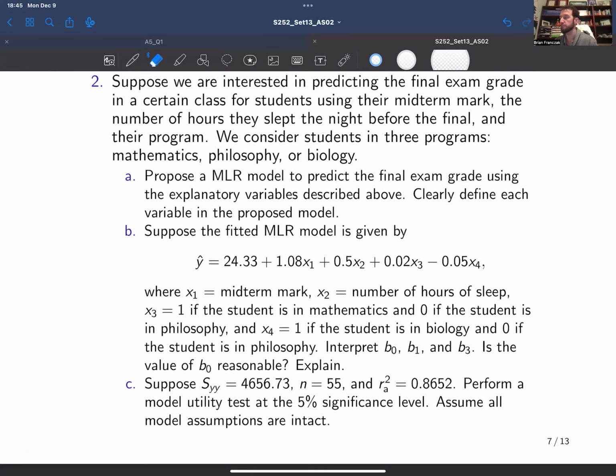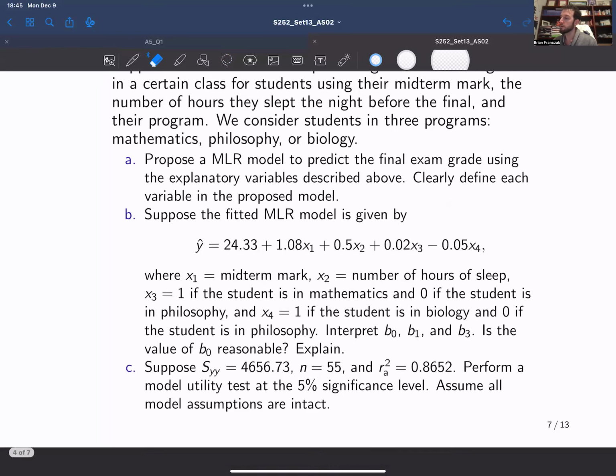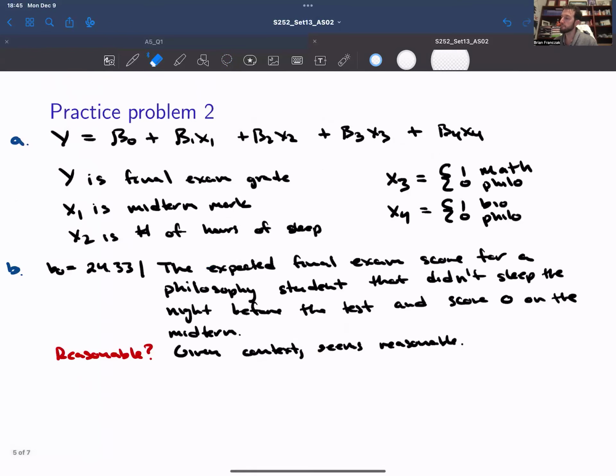So we're using philosophy as the reference level for the fitted model, which means that in the case of the y-intercept, when x1 is 0, they scored 0 on the midterm. When x2 is 0, they did not sleep the night before the test. And when x3 and x4 are 0, it means that it's a philosophy student. So B0 is the expected final exam score for a philosophy student that didn't sleep the night before the test and scored 0 on the midterm.